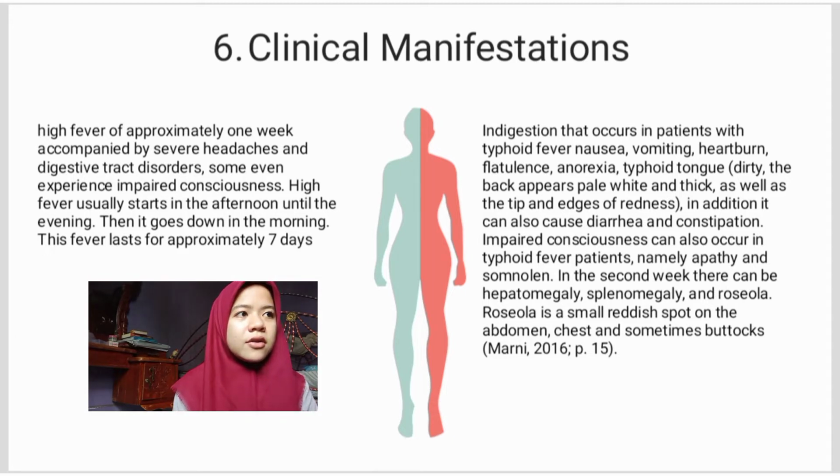Impaired consciousness can also occur in typhoid fever patients, namely apathy and somnolence. In the second week, there can be hepatomegaly, splenomegaly, and roseola. Roseola is a small reddish spot on the abdomen, chest, and sometimes buttocks.